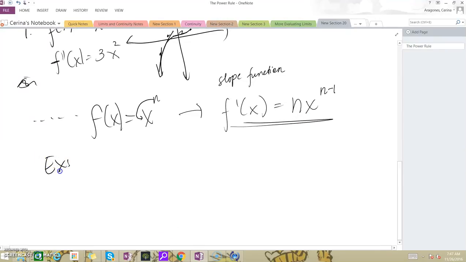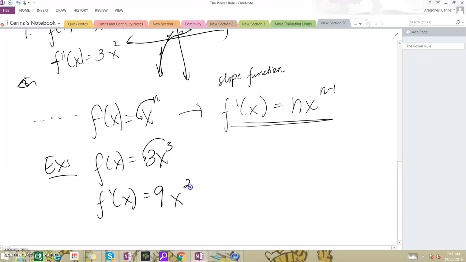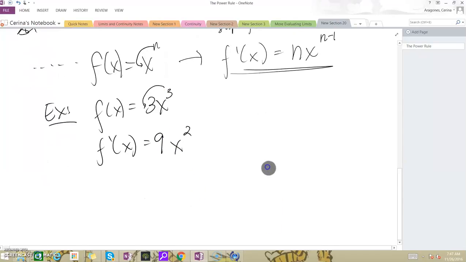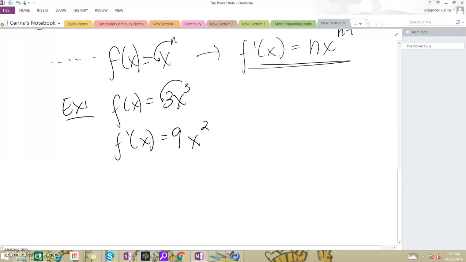Some examples would be: what's the derivative, or what's the slope function, for 3x cubed? Well, f prime of x, we bring this down, so 9x, and then we subtract 1, so 9x squared. What if you get the more general polynomial?